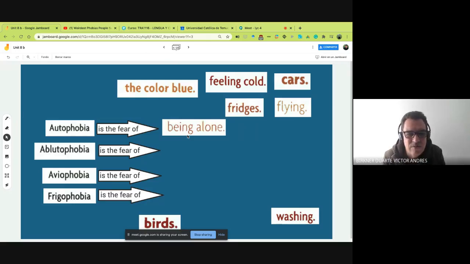And ablutophobia, ablutophobia. The options are fear of the color blue, feeling cold, cars, birds, or washing. What do you think is ablutophobia? Is the fear of what?